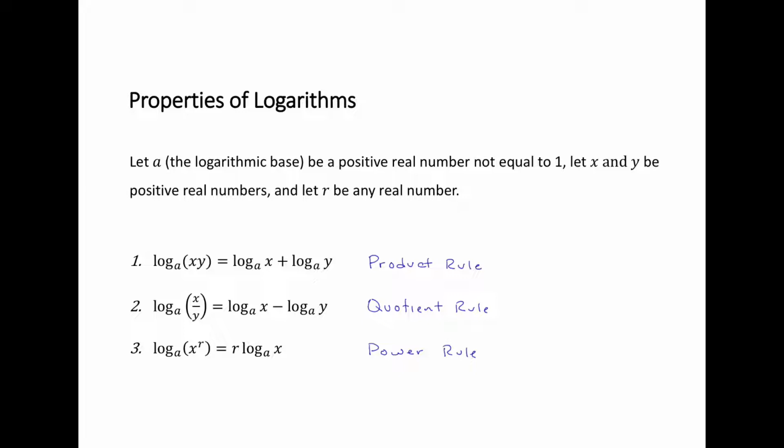This is the one we will use most when we're solving log equations, and that says if you have the log base a of some number raised to a power, the argument is an exponential, then you can take that power down in front of the logarithm as a multiplier. That's how we're going to get our variable out of the exponent.